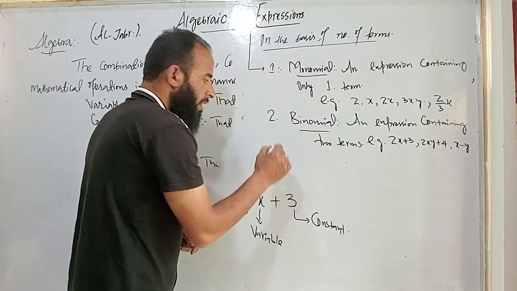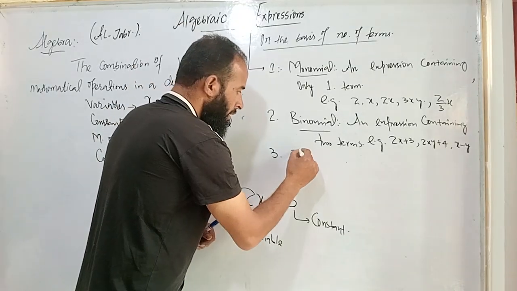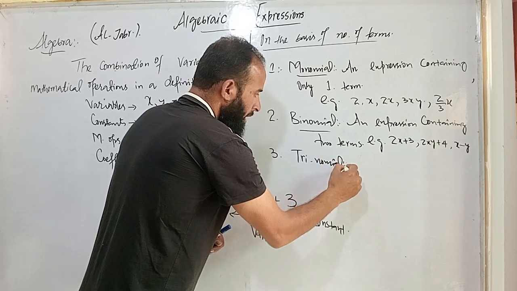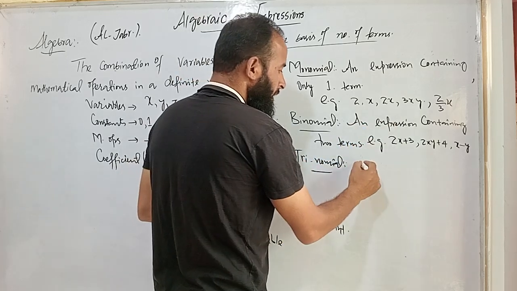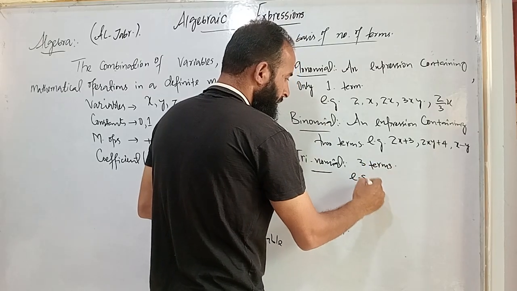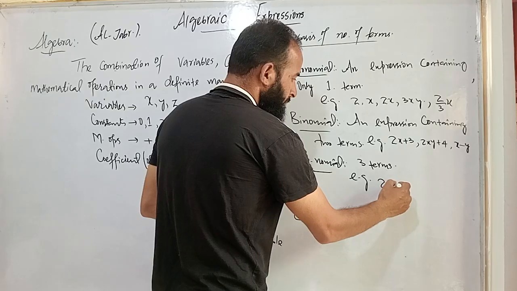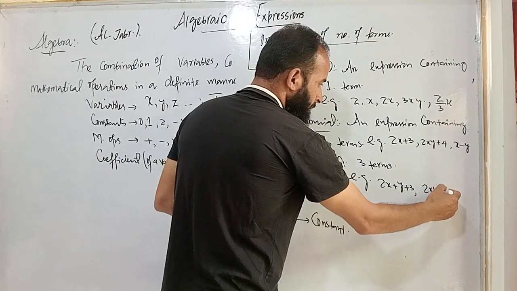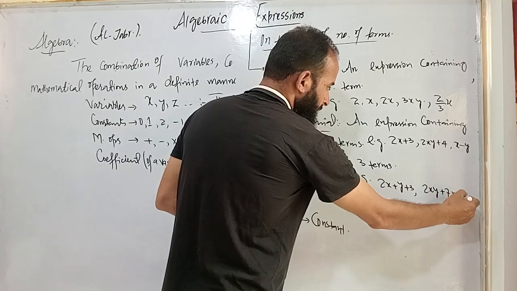Likewise, trinomial. Trinomial means an expression containing three terms. For example, we have 2x plus y plus 3, or 2xy plus 7x plus 3.